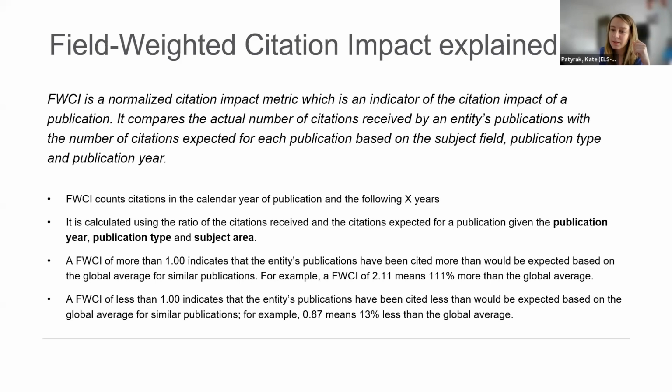But if an entity such as a university has an FWCI of 2.11, then it means that the university's publications are receiving 111% more citations than would be expected based on the global average. And similarly, if an entity has an FWCI of 0.87, then it means that the university is receiving 13% fewer citations than would be expected.